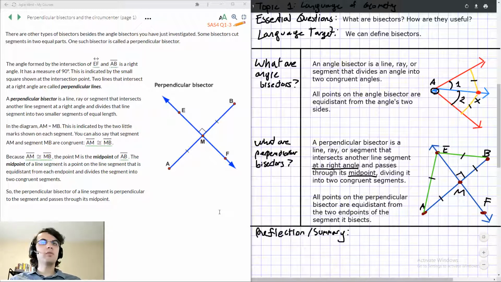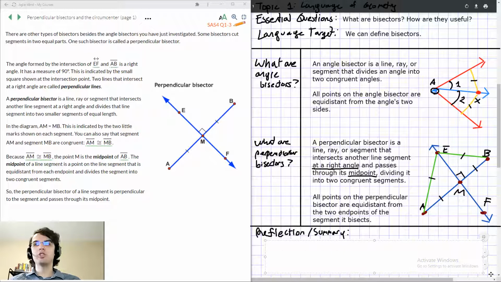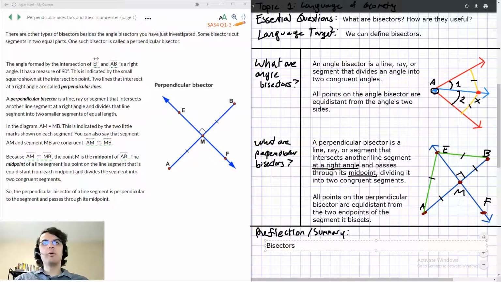So now in my reflection, right, I'm going to talk about what was important, what was useful about bisectors, answering that big question, which is more of a reflection kind of question. So I'm going to say, bisectors help us divide angles and line segments into two congruent parts.